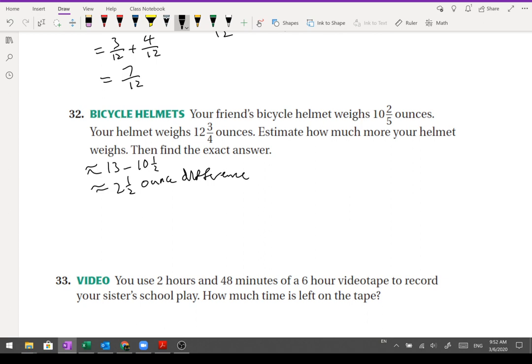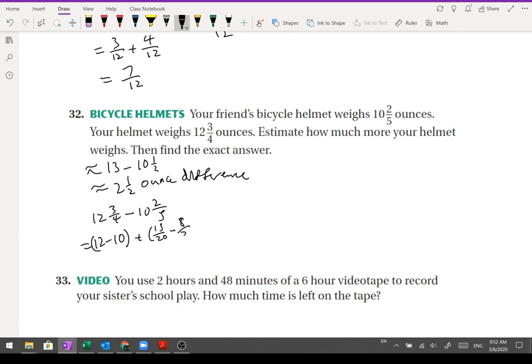And then when we actually calculate it, we have 12 and 3/4 minus 10 and 2/5. And so that will be 12 minus 10 as the whole part. And then we have 3/4. We're going to change the base to 20. So multiply by 5. That's going to be 15 over 20. And then subtract, we have to multiply by 4.